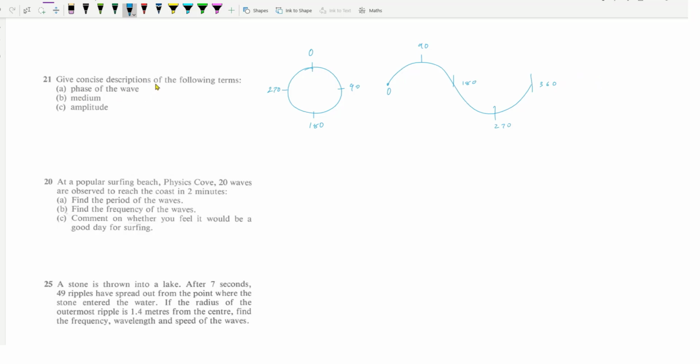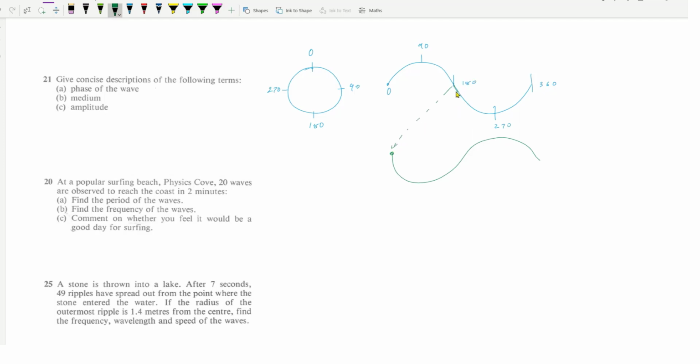So the phase of the wave is technically referring to what the starting point is. This one is a normal sinusoidal curve, but I could have another sine wave which would look like this. It's starting at this point, which corresponds to that point there.